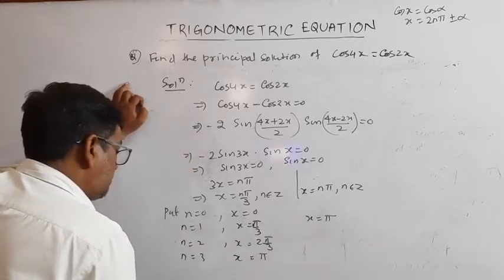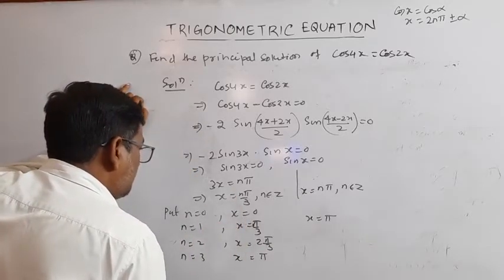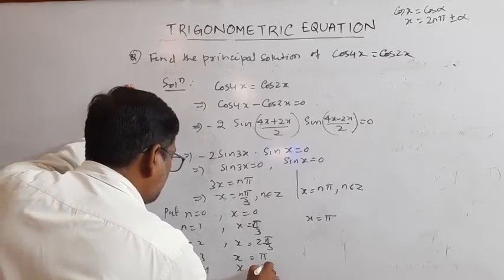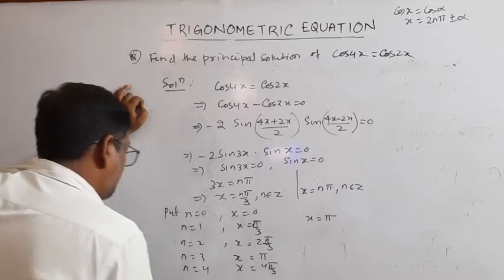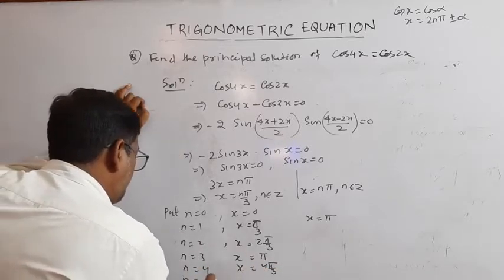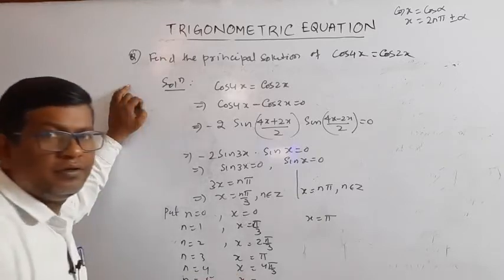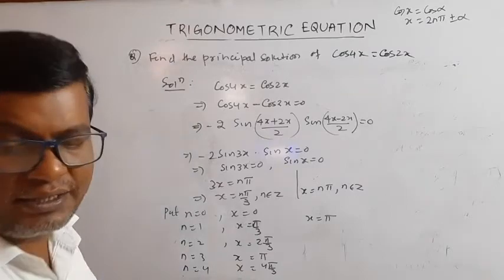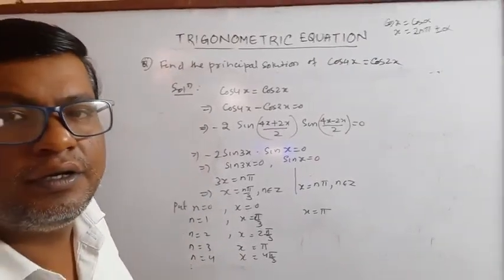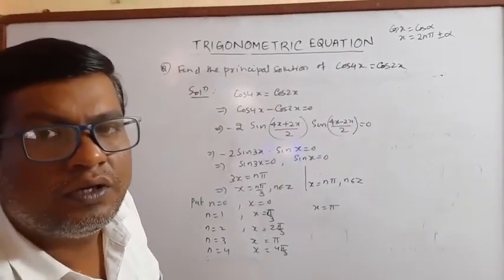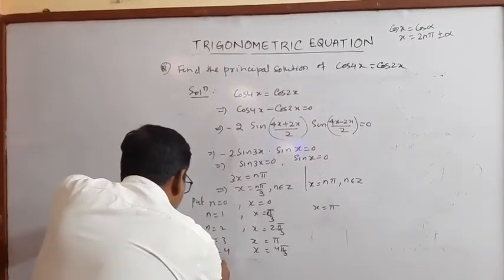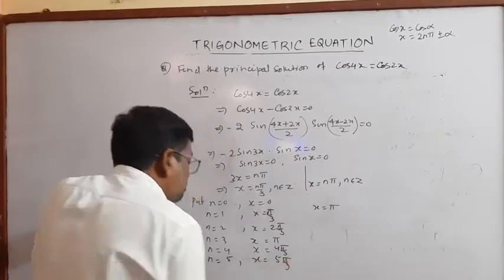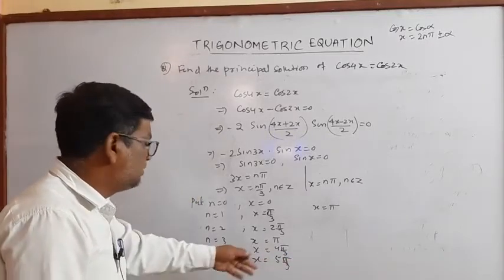n equal to, suppose 4, so x is equal to 4 pi by 3, less than 2 pi. n equal to, suppose 5, x is equal to 5 pi by 3, also less than 2 pi. If n is equal to 6, then it is 2 pi.